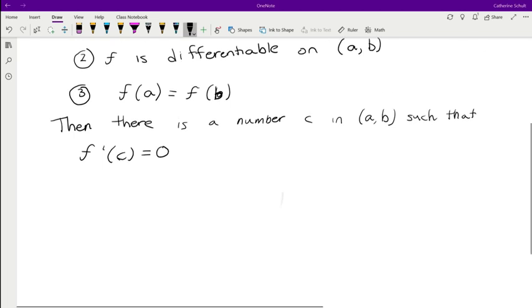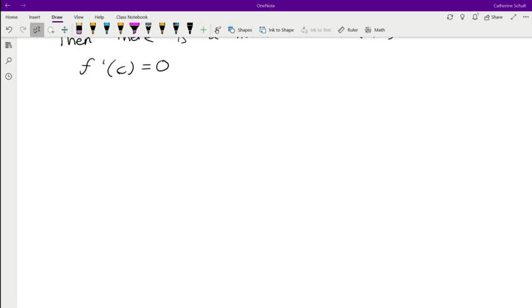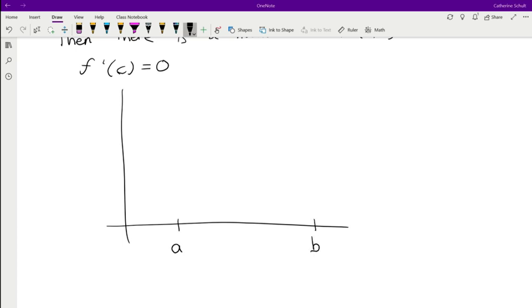Okay, so let's talk about this Rolle's theorem. We're going to have a function on the closed interval a to b. It's differentiable between the two points, and the endpoints are equal. Okay, so we'll start there. We know the endpoints have to be equal, so f of a has to equal f of b, and it has to be a continuous, differentiable function in between.